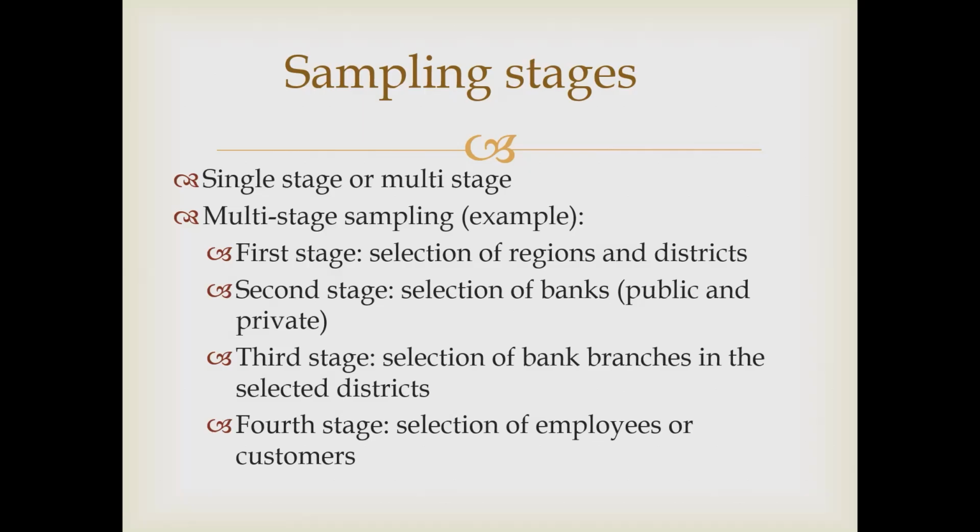If you are visiting a bank branch, and the manager of that branch gives you the list of employees, you can apply random sampling. If the branch manager does not provide the list, you cannot apply random sampling. Then you have to apply purposive sampling or convenience sampling.